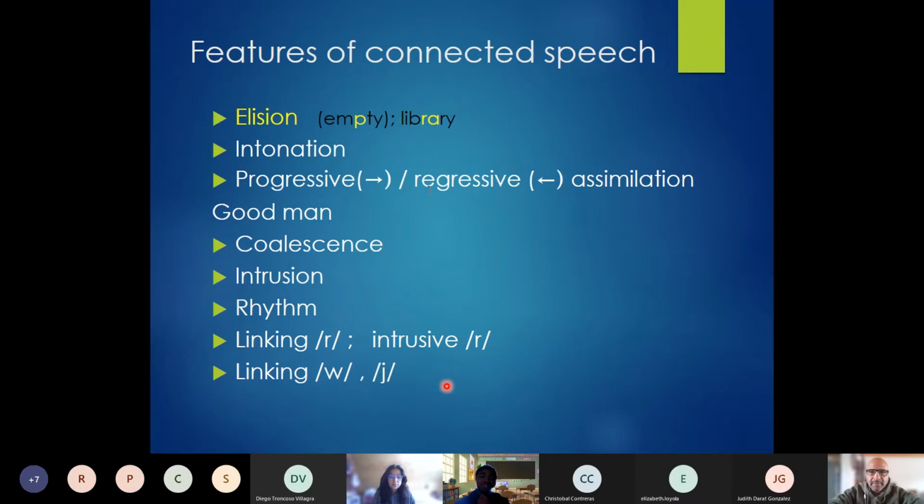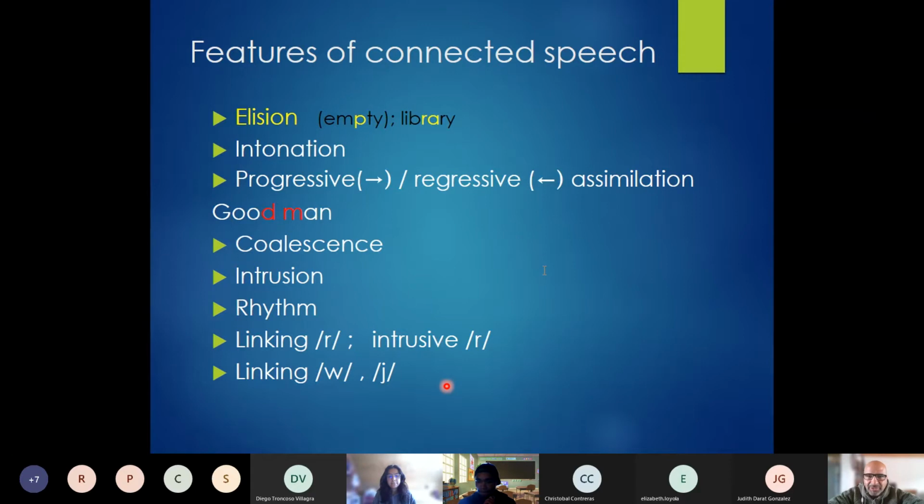All right. The progressive, I can remember very well, but it's affecting the next sound, I mean the next word. This is a great example. Good man. We're talking about assimilation here, right?